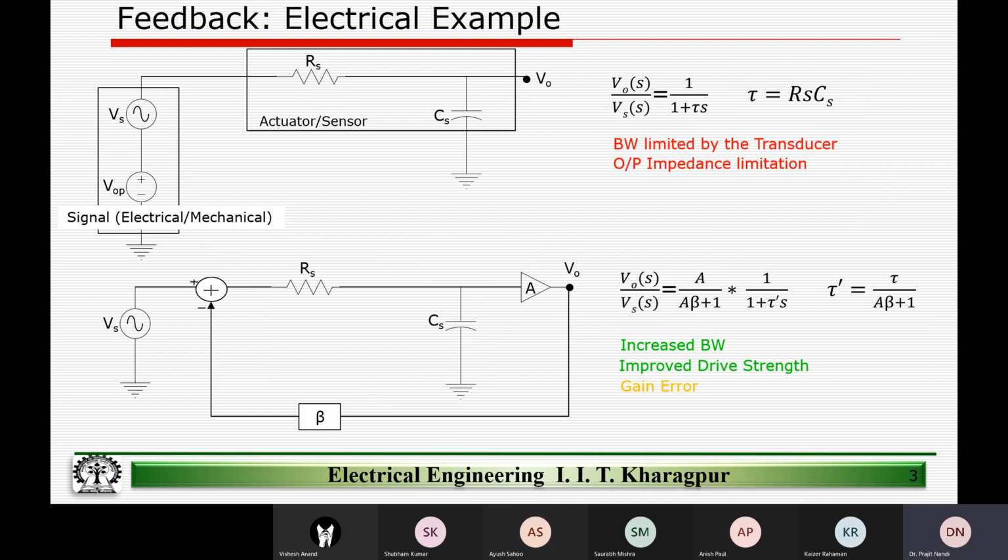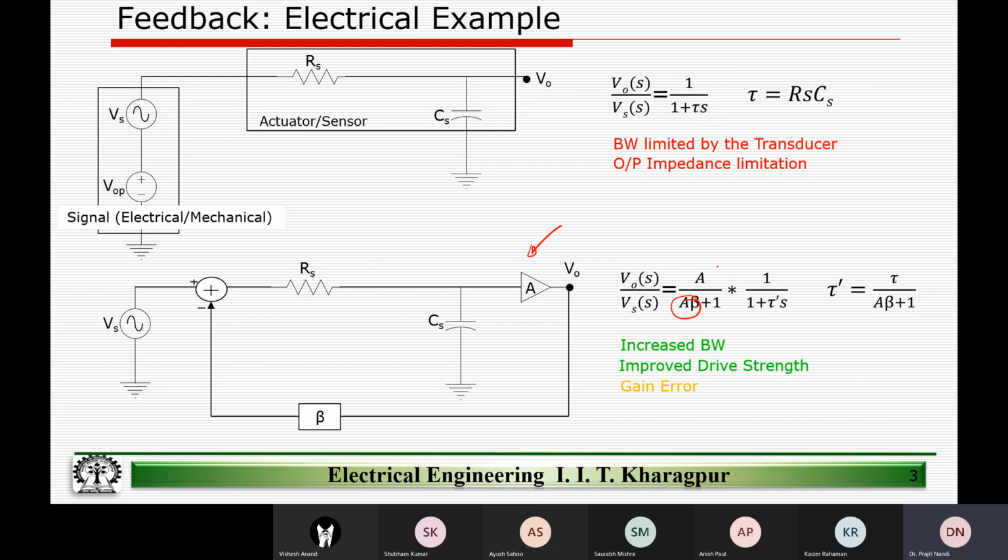And as Ayush mentioned, we have landed ourselves with a slight gain error, and somebody can say that, look, we can get rid of the gain error or make it negligible by making the loop gain, A beta, higher and higher, right? Actually beta in this case is 1.